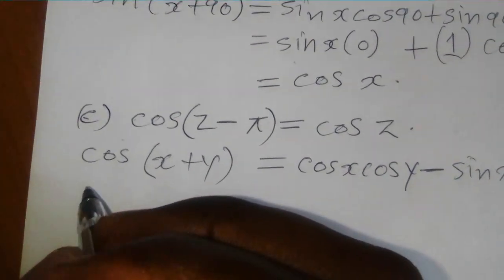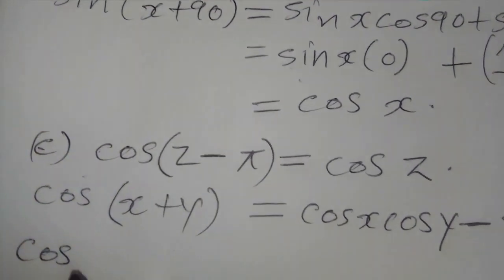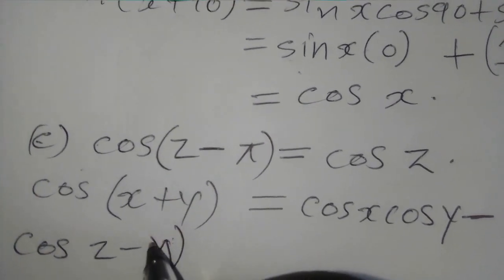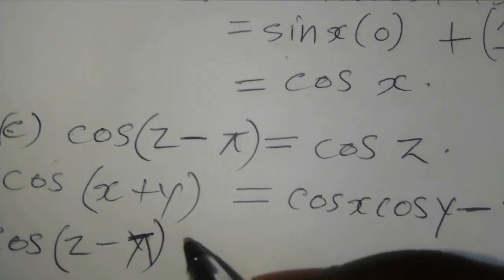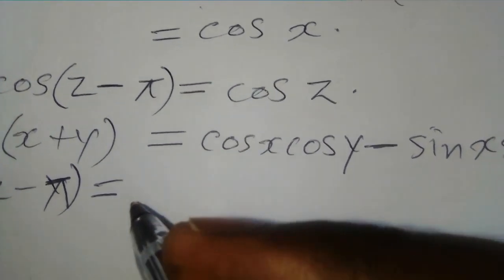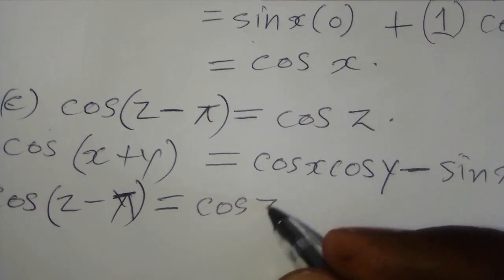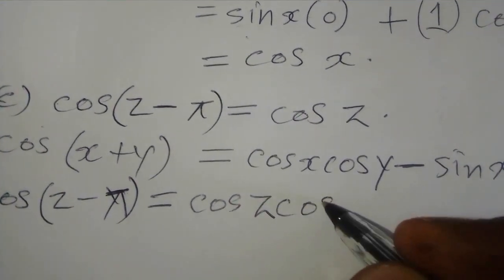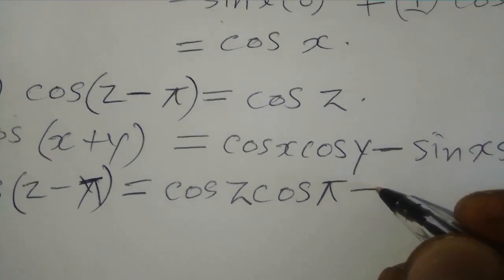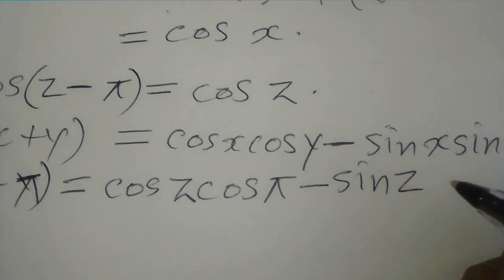Now we plug in the values there. So cos z minus pi is nothing but equal to, where there is x we put z, this is cos z, and then where there is y we put pi, minus sine z sine pi.